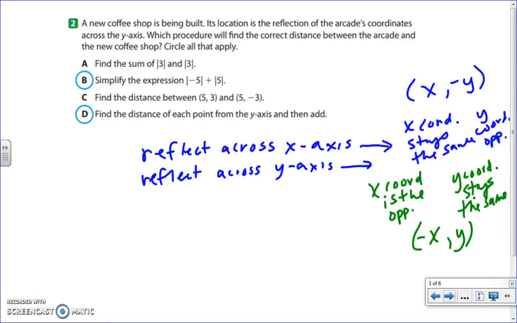So again, it says which procedure will find the correct distance between the arcade and the new coffee shop. So if a new coffee shop is being built and its location is the reflection of the arcade's coordinates across the y-axis, we need to figure out where the new coffee shop will be. So I think we need to actually reference our last picture here.